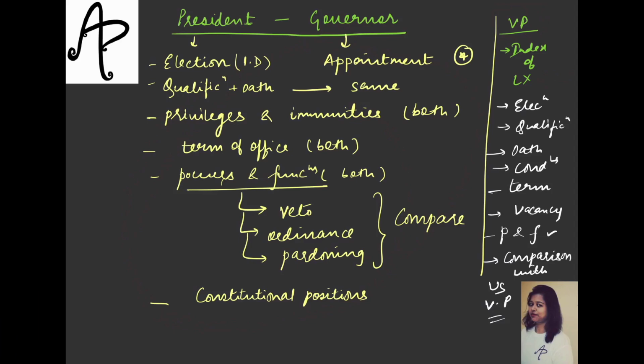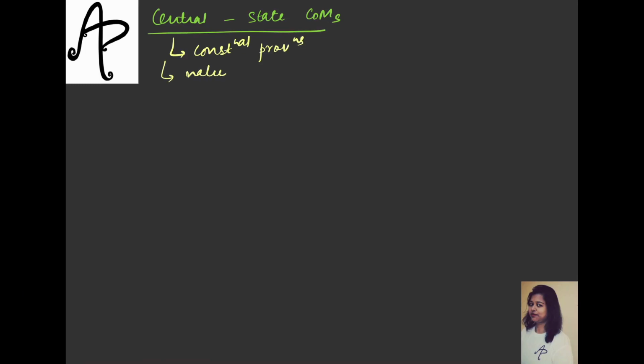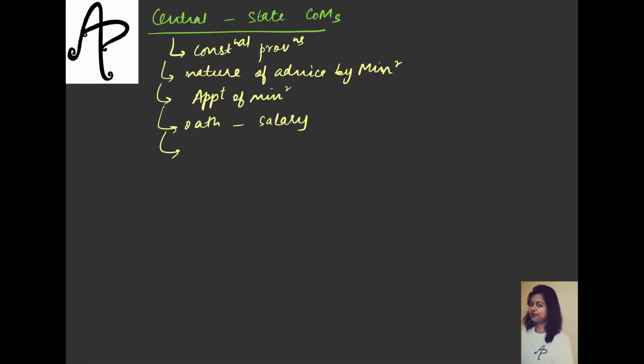So President, Governor are done, Vice President. Now when we talk about the Central and the State Council of Ministers, we have to do both. The common topics we need to understand are the constitutional provisions, the nature of advice that the ministers can give, how the appointment of ministers happens, what about the oath and salary, what about the responsibilities they have, collective, individual, etc., because all these come in questions.